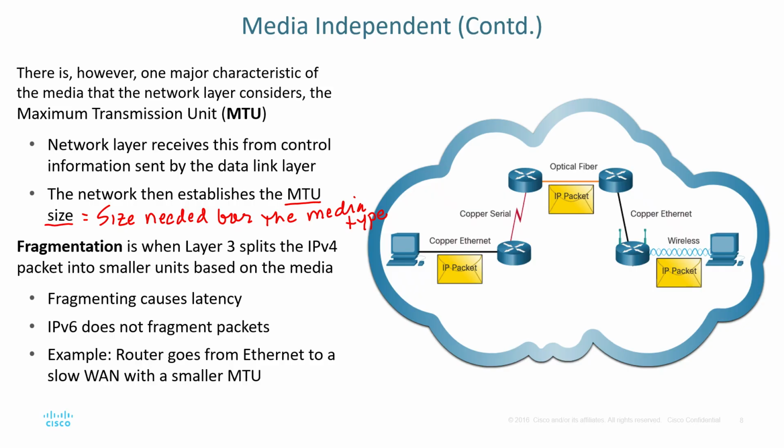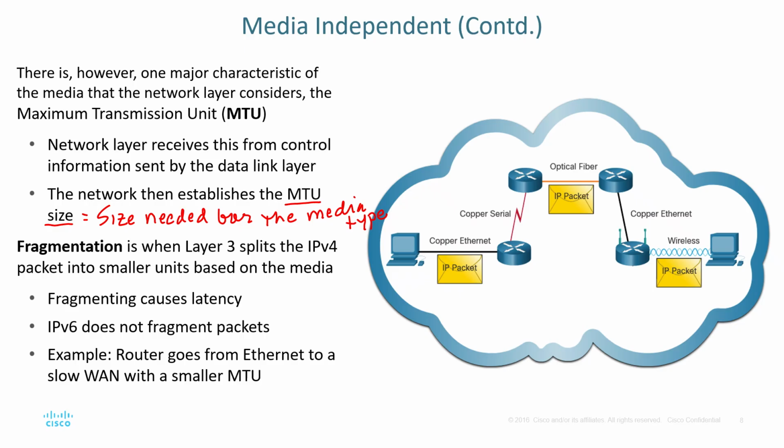Okay, so this is a parameter that the data link layer has to tell the network layer. Fragmentation will cause latency. Okay? IPv6 does not fragment packets.